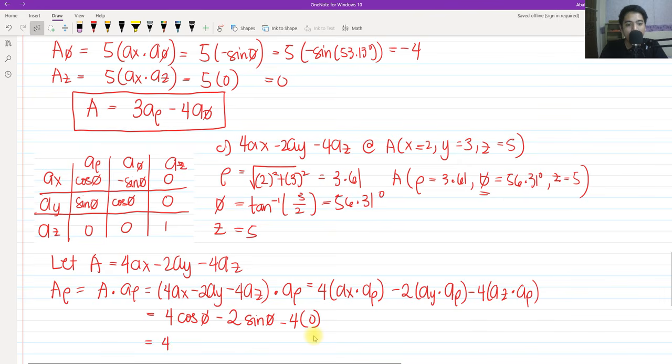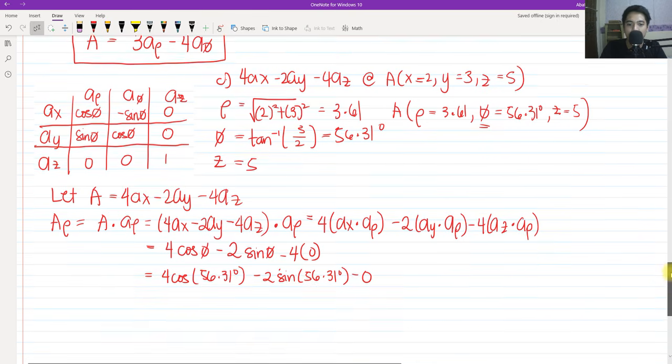So this would be 4 cosine. The phi here is the phi that we have solved a while ago. So we have 56.31 degrees minus 2 sine of 56.31 degrees minus 0, of course, because 4 times 0 would be 0.